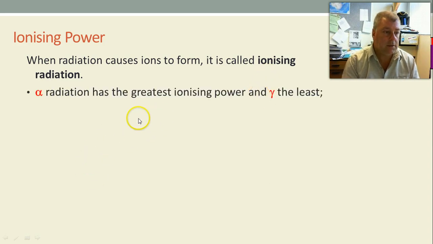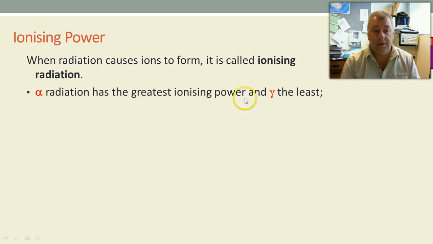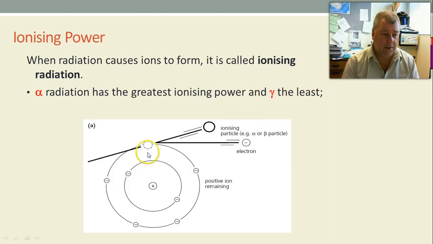And if we ranked it, alpha radiation has the greatest ionizing power, beta is sitting in the middle, and gamma is the least ionizing. Now, how do they do it? Well, the simplest method is that the ionizing alpha or beta particle comes in, gets really close to an electron, and either knocks it out or absorbs the electron.